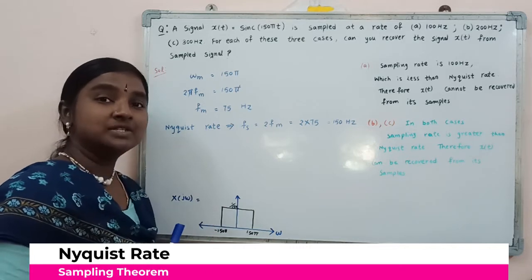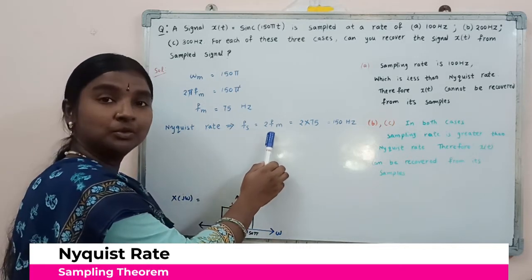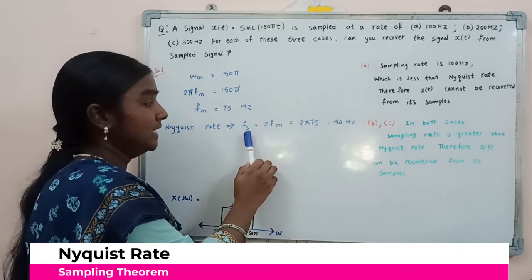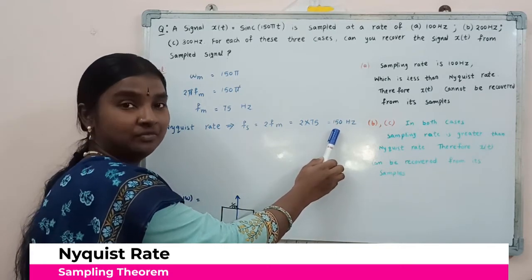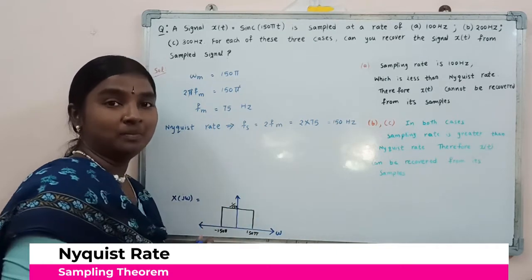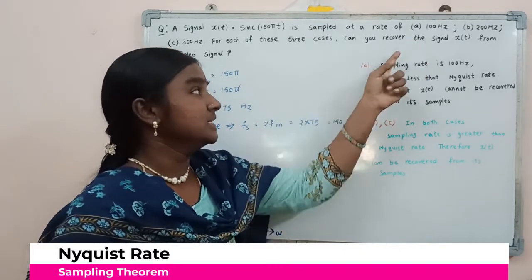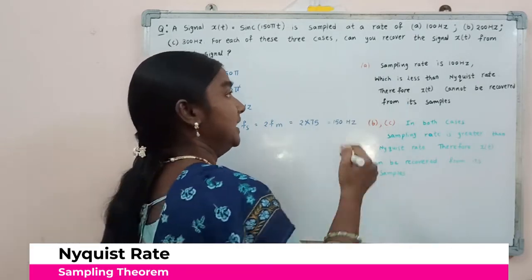But the Nyquist rate states that the sampling frequency must be equal to twice the maximum frequency Fm. So the sampling rate as per the Nyquist rate, we find as 150 Hz for this problem. Now considering all these three cases, in case A, the sampling rate Fs is equal to 100 Hz.